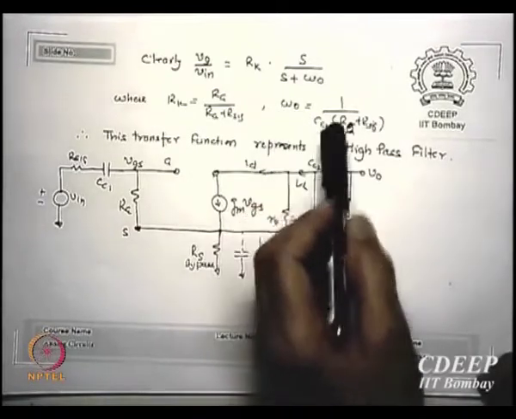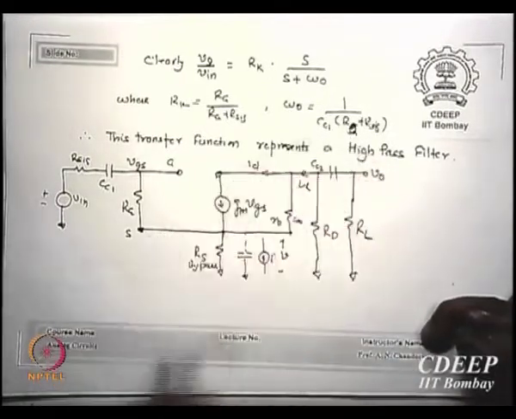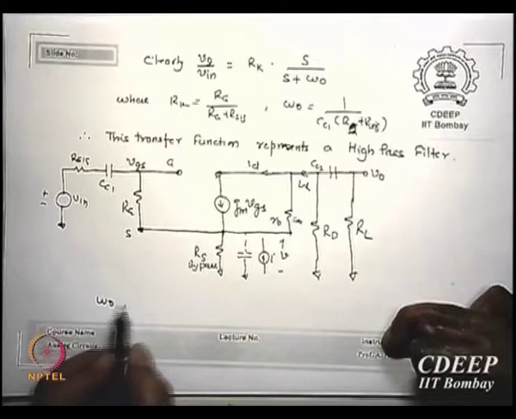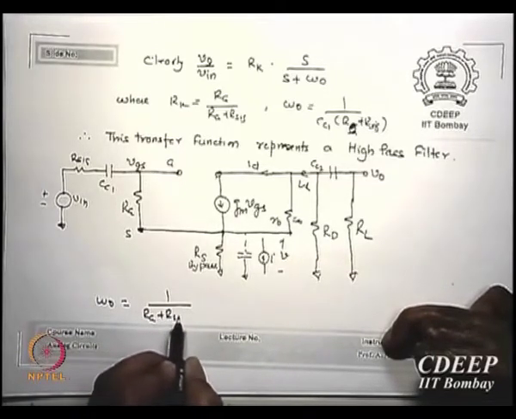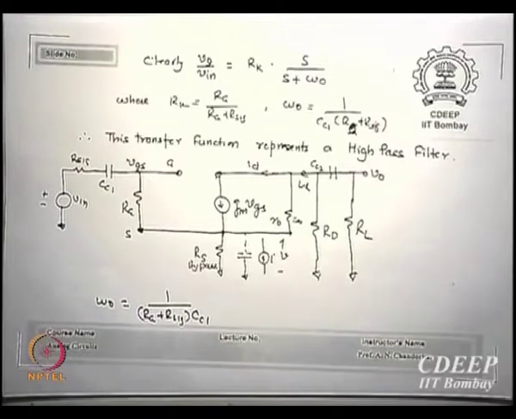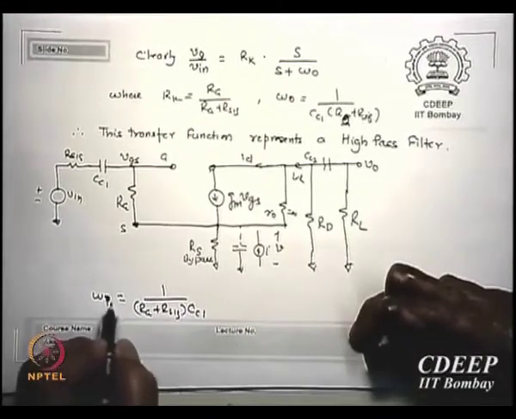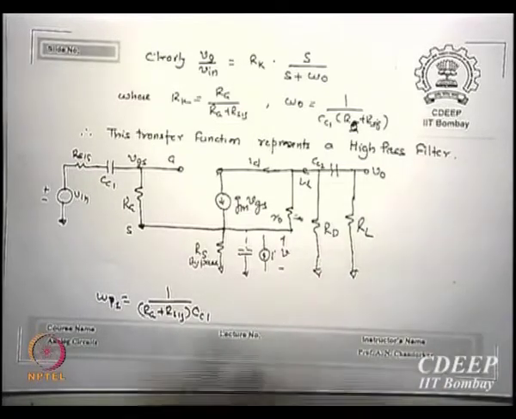The first pole which I am seeing is RG plus R signal into CC1. Maybe we call it omega P1 for the sake of it. Now we don't know whether omega P1 is the first or second or third. We will see values and we will accordingly say which one is 1, 2, 3. But right now we call it 1.